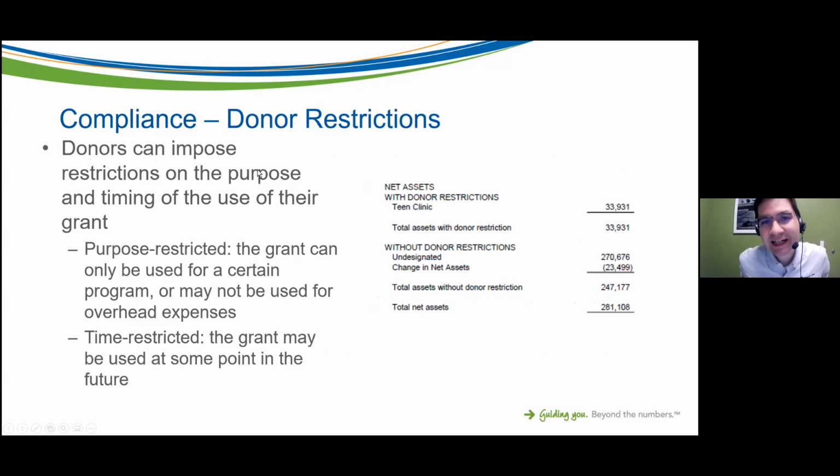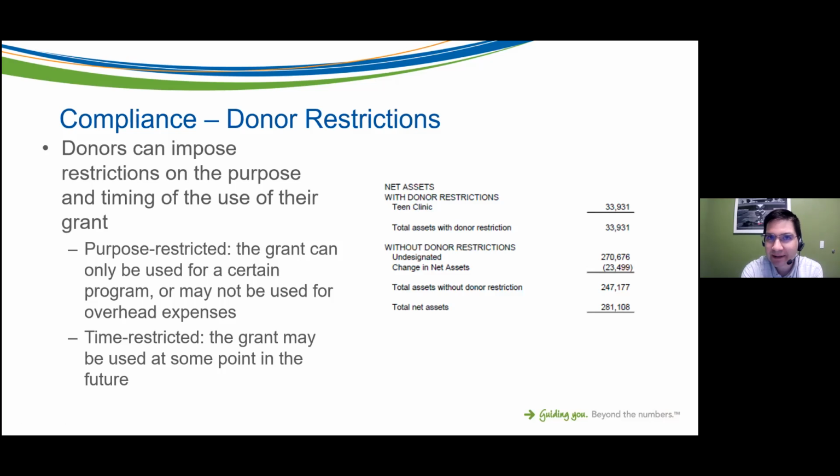So, compliance. We have to follow the rules. As I mentioned before, donors can impose restrictions on the purpose and the timing of the use of their grant. So you'll often see in financial statements the with donor restrictions and without donor restrictions on a nonprofit statement of financial position.